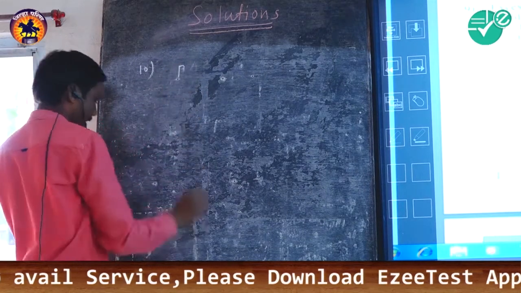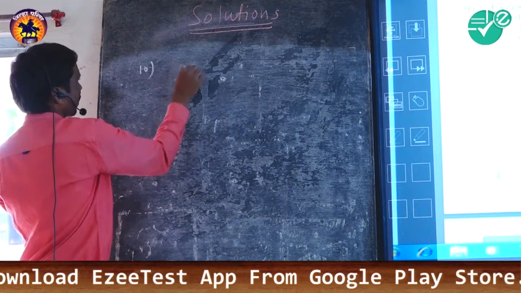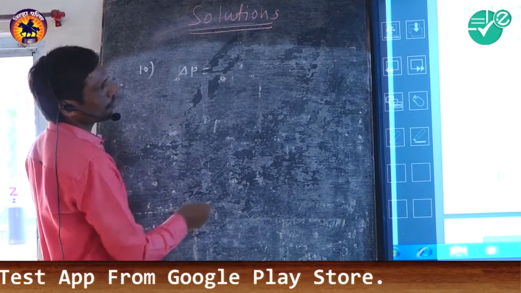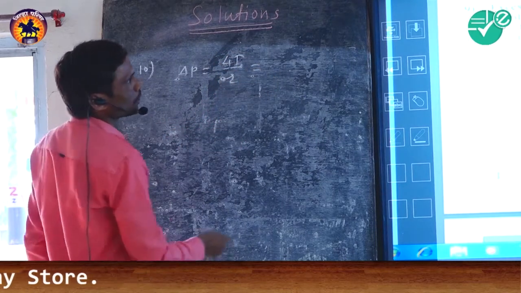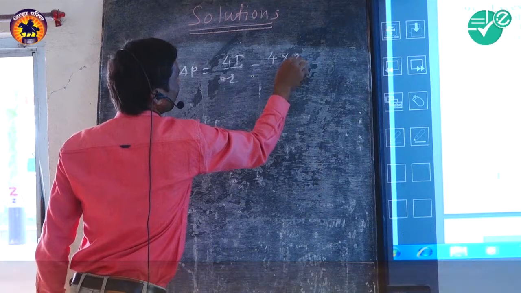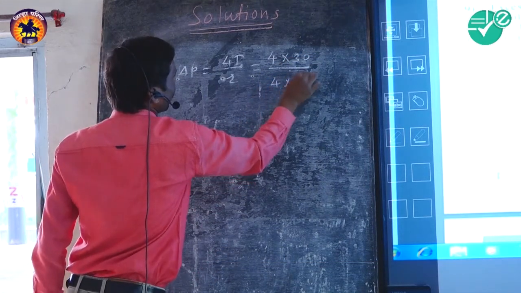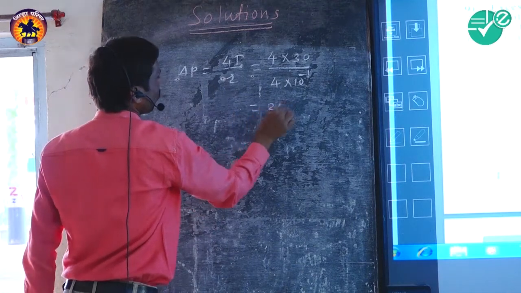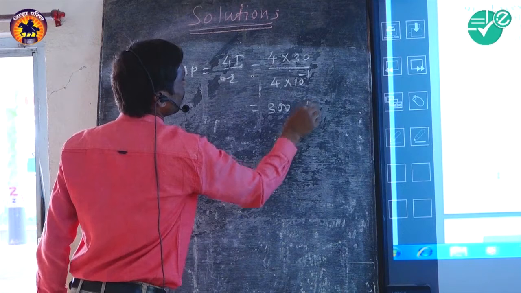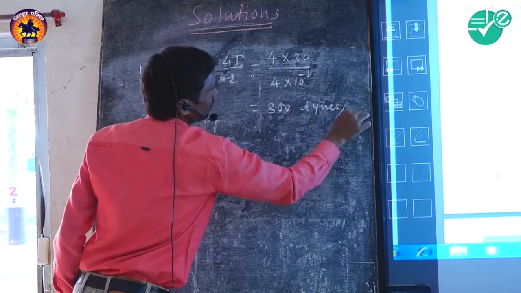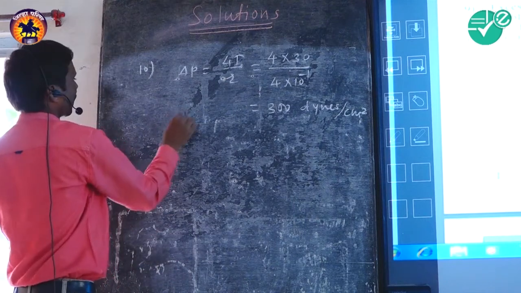Here obviously excess pressure, that is del P, is equal to Pi minus Po, that is equal to 4T divided by R, and that is equal to 4 into 30 divided by 4 into 10 raised to minus 1. It means obviously solving this we get it is 300 dynes per centimeter square. It means option B is correct.